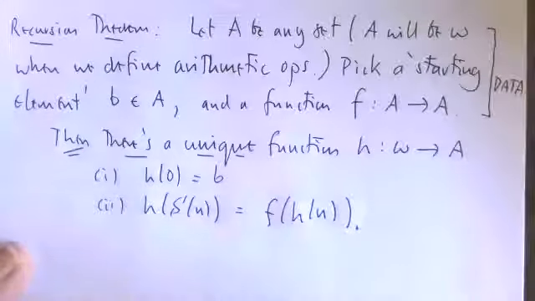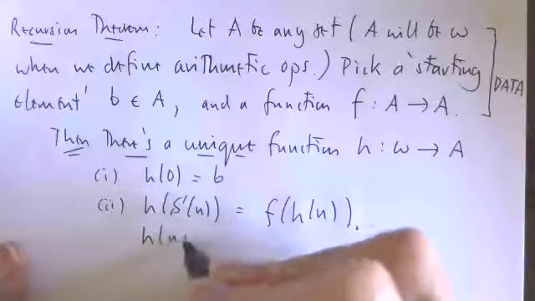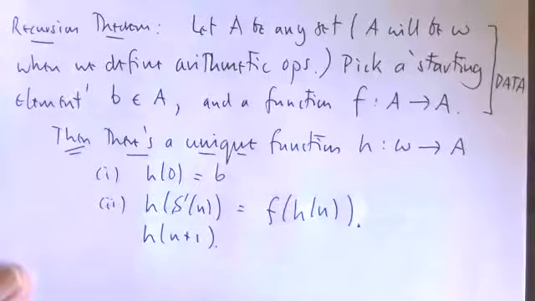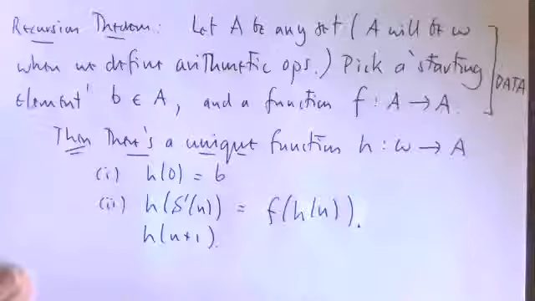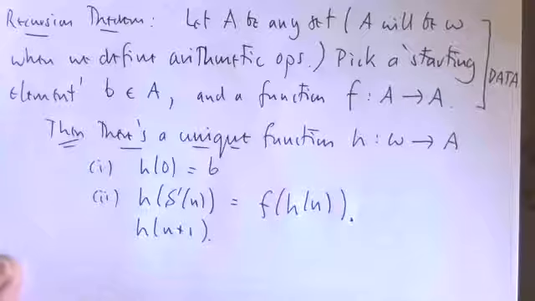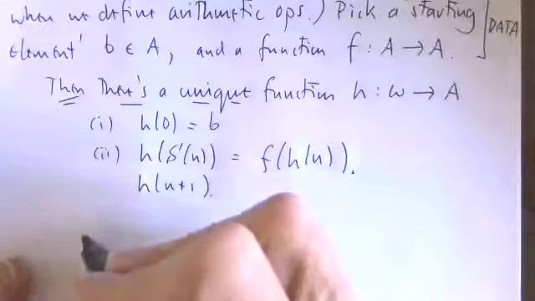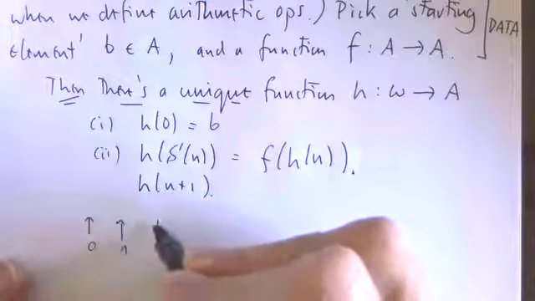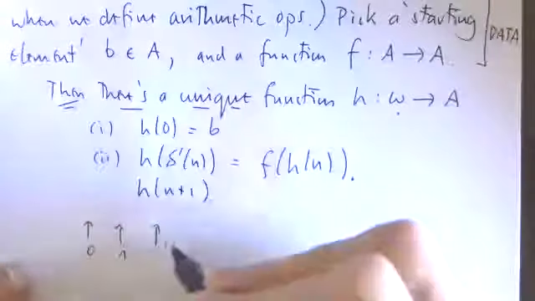And of course, n plus 1, we're going to name the successor function. Successor of n is n plus 1. So the picture lined up is we have our natural numbers in the domain of h over here.